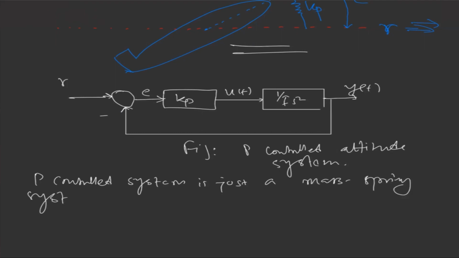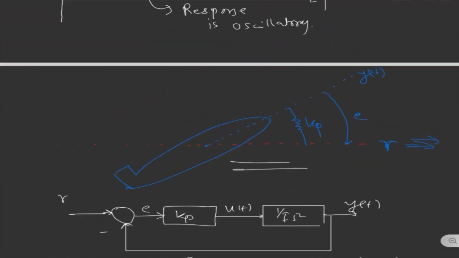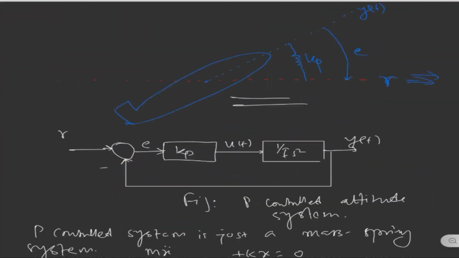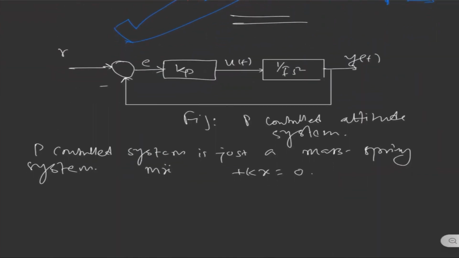If you connect this concept to a mass spring system, it is the same kind of response you will get, because the mass spring damper system expression is mx double dot plus bx dot plus kx equal to 0. Here the bx term does not exist. If you solve this equation, we will get exactly the same kind of response. So it is similar to a mass spring system.